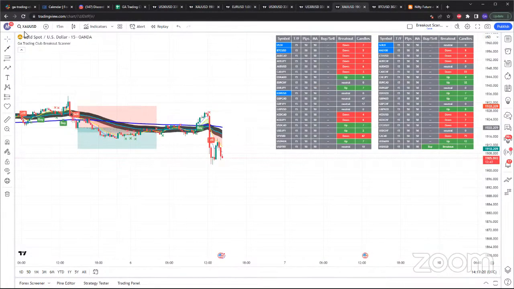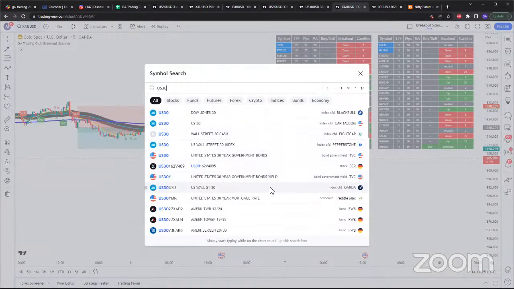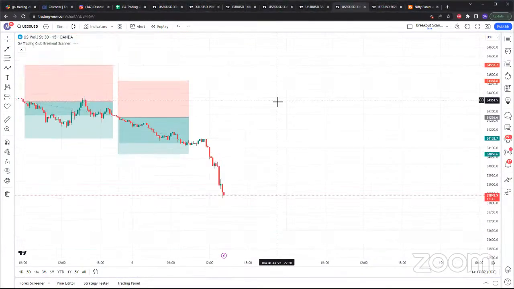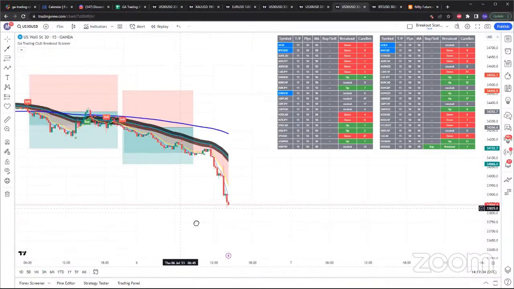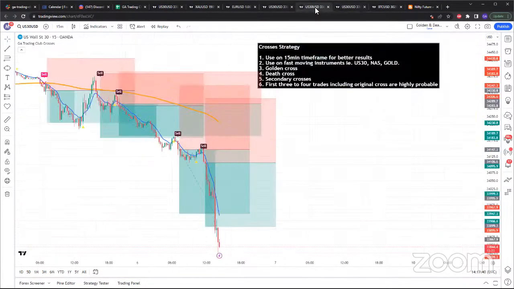Let me see how the US 30 is looking on the breakout scanner. Yeah, also a breakout buy for US 30. So I'll be watching the breakout scanner for a buy on US 30. I'll be watching the crosses indicator for a buy on US 30 because we've already reached our threshold.